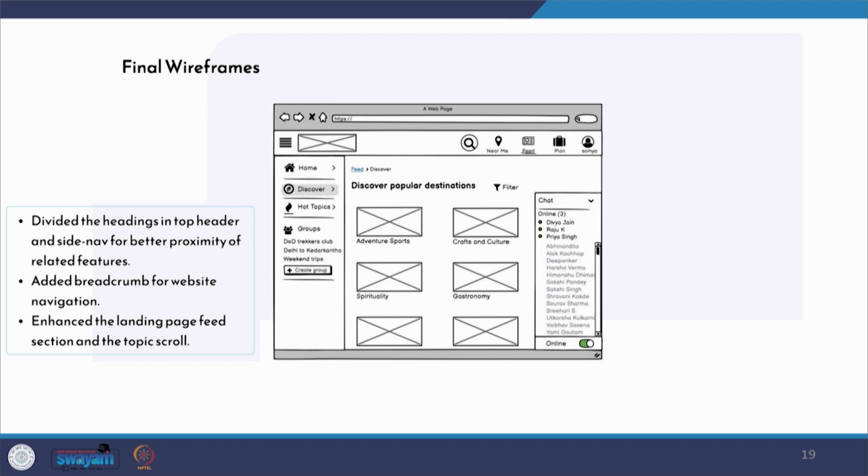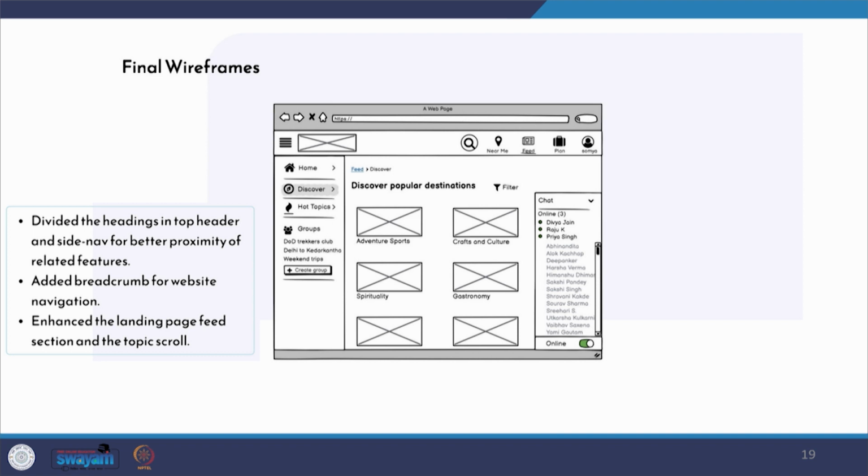So now we can see that the heading in the top header and the side navigation bar are divided so that the user can quickly access the navigation bar. Then some breadcrumbs for website navigation are added. We can see here that there is a feed and then an arrow and a discover.